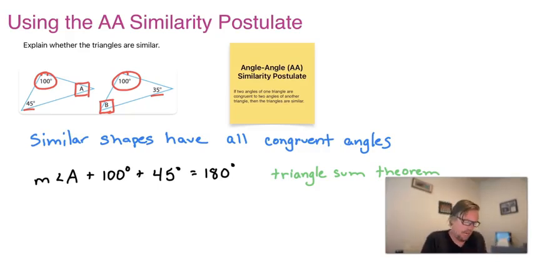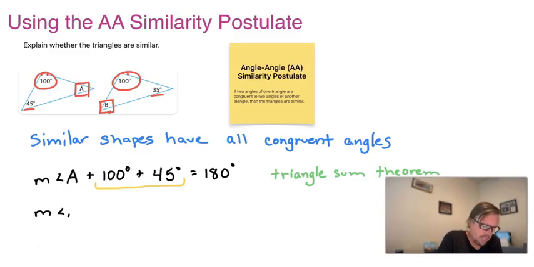Let's combine our like terms. Our like terms here are the degrees, the 100 and the 45, which I can combine together. So the measure of angle A plus 145 degrees equals 180 degrees. I'll underline the 145 in yellow to be consistent with our colors, and this was because I combined like terms.